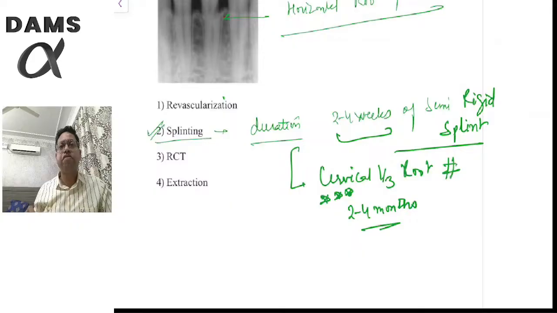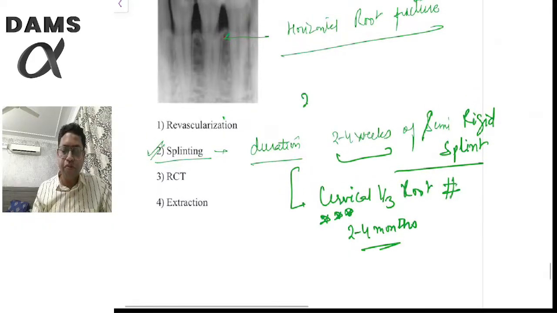The best prognosis is for the apical 1/3, followed by the middle 1/3, and the cervical 1/3 has the worst prognosis. If at all we are attempting, then the duration of splinting has to be nearly 2 to 4 months, and that too at times with a more rigid splinting. Otherwise, it is always a semi-rigid or flexible splint for 2 to 4 weeks.